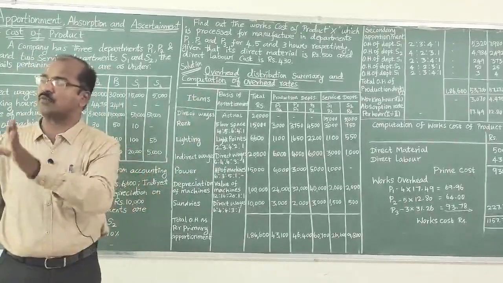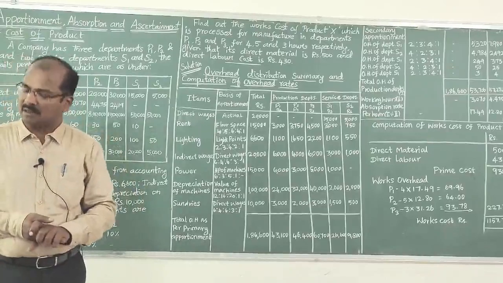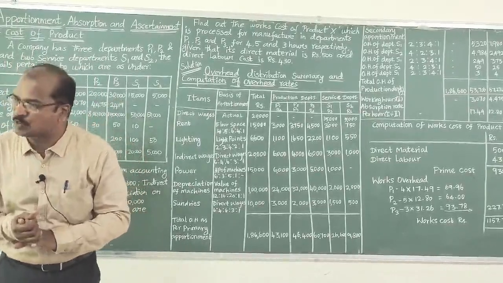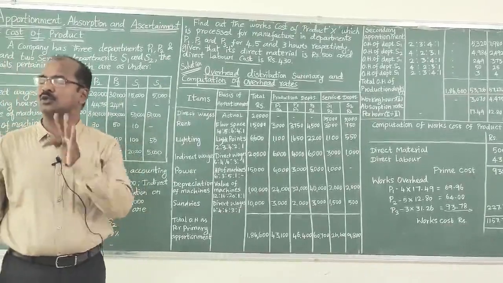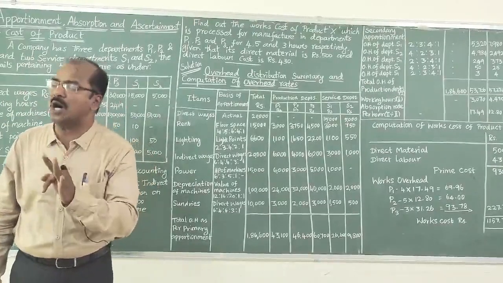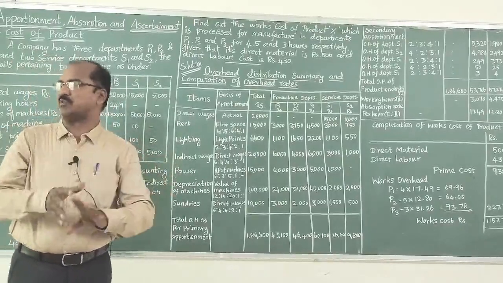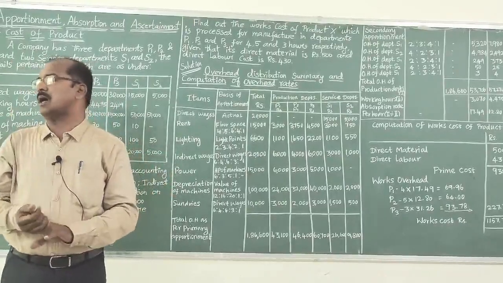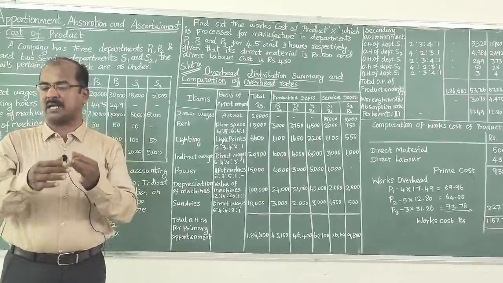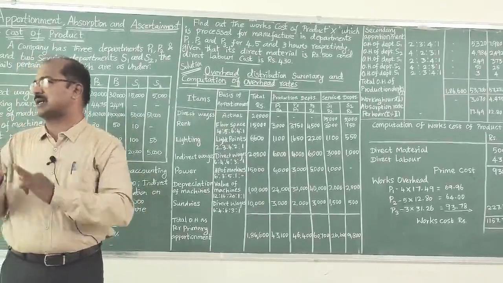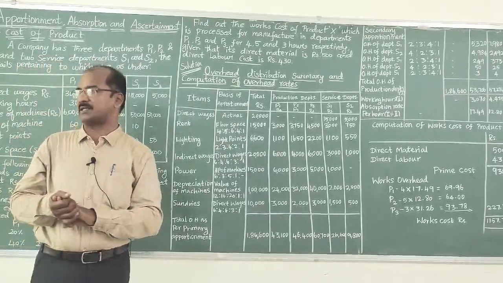The labor cost is 430 rupees, followed by which we will add the works overhead in relation to the 3 departments which are involved in manufacturing product X, and that would be calculated and presented. If you total all the 3, the material cost, labor cost and works overhead cost, we can calculate the works cost of manufacturing product X.